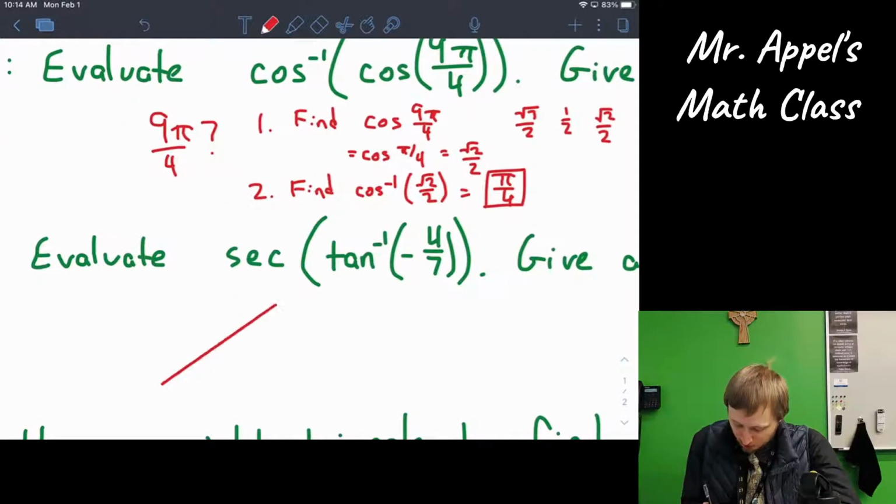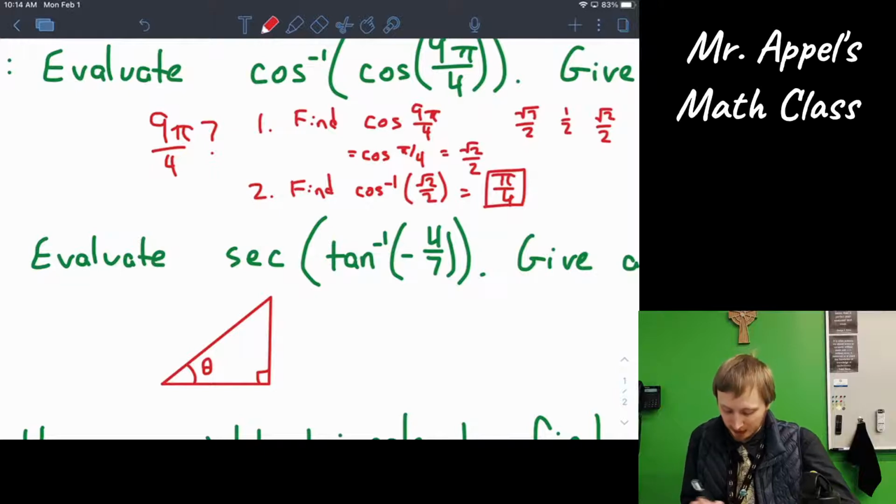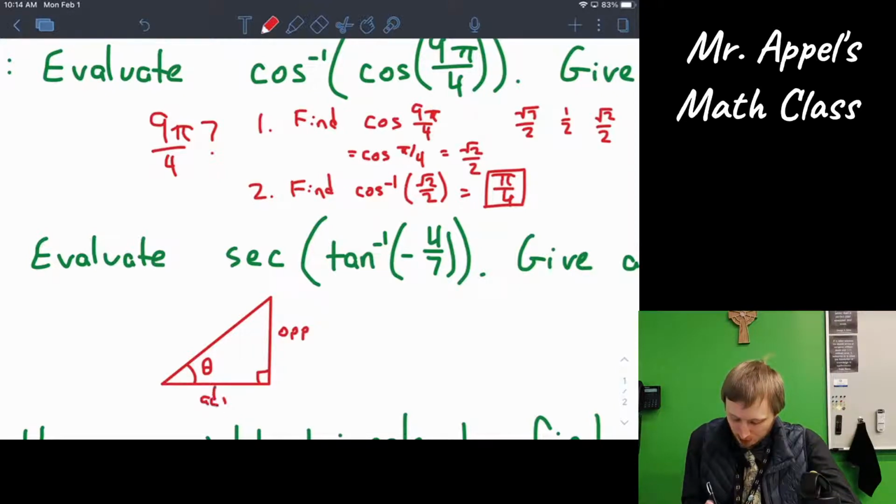Let's imagine some angle somewhere creates a right triangle, some angle theta that we're looking for. That angle creates some opposite side, some adjacent side. And our hypotenuse here is always 1.